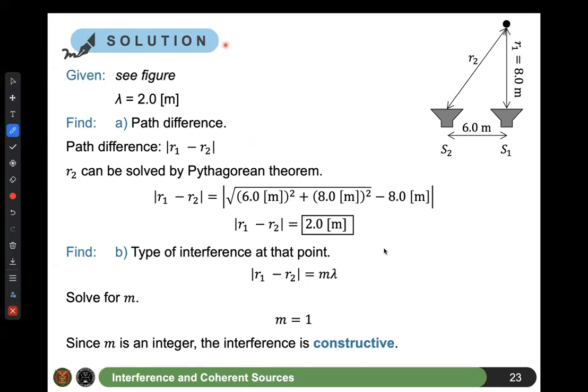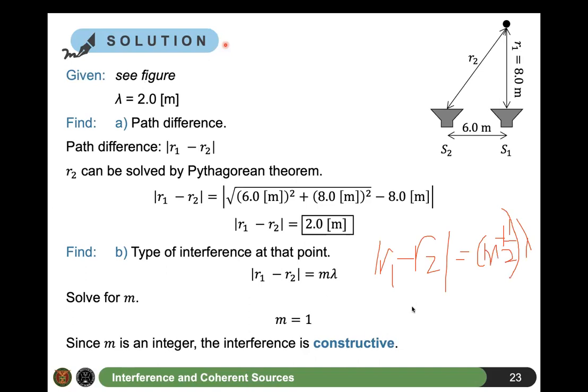If we try yung isa, yung sa destructive, so R1 minus R2 equals M plus 1 half times lambda. Ito naman yung sa destructive, di ba? And solve for M. So again, we know that R1 minus R2 is 2 meters.